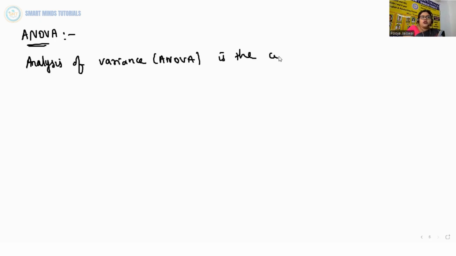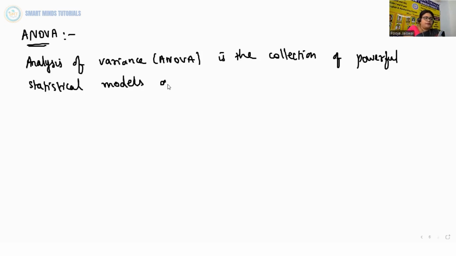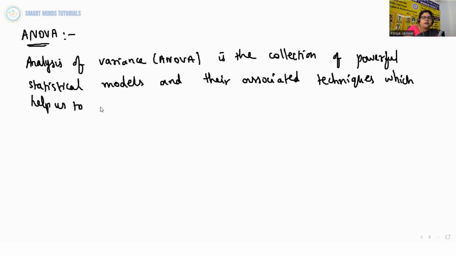It is the collection of powerful statistical models and their associated techniques which help us to examine variance.